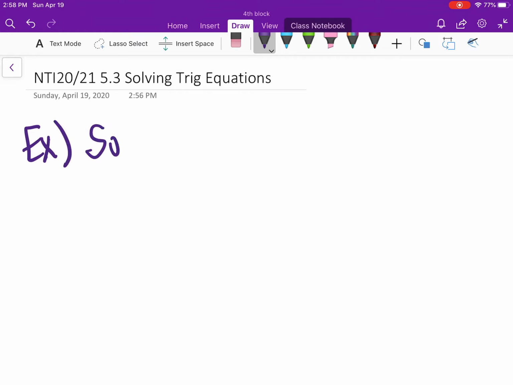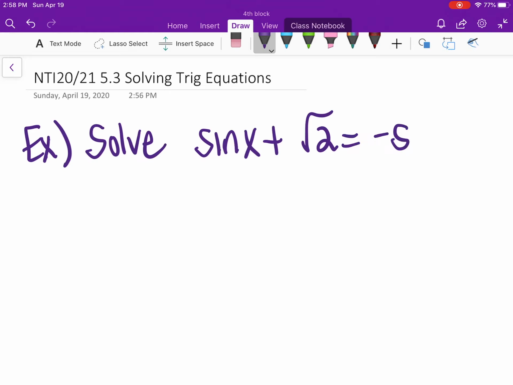we want to solve sine x plus radical 2 equals negative sine x. Now, basically when you solve, you want to try to get the trig functions on one side and everything else on the other.